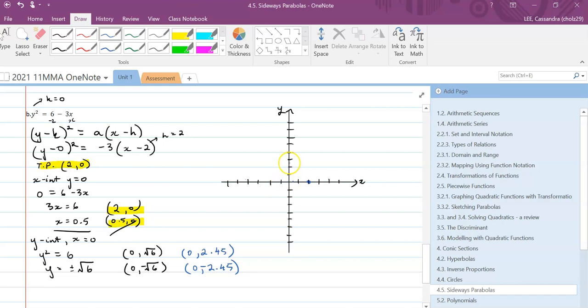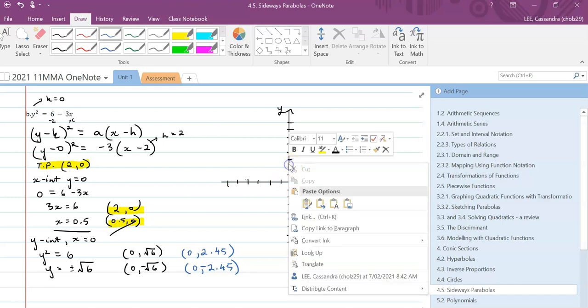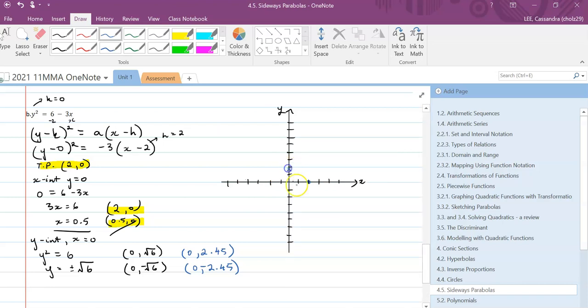So 2.5 roughly, we're going to have one going through here, and we're going to have one roughly going through here. So drawing my sideways parabola now, it's going to look something like this.